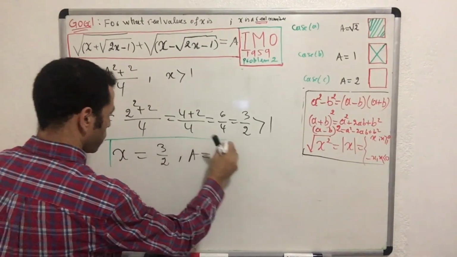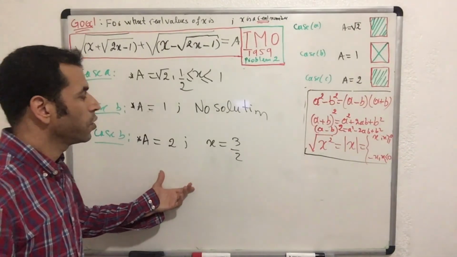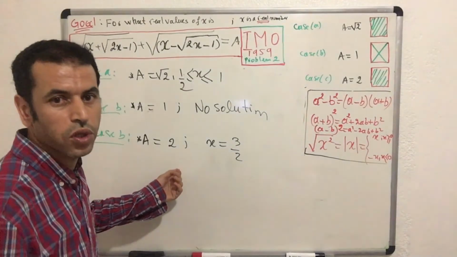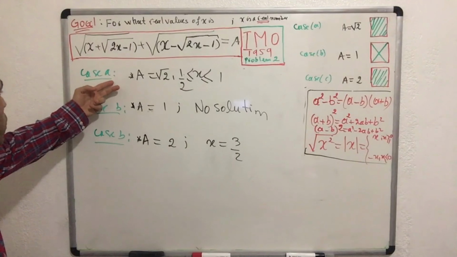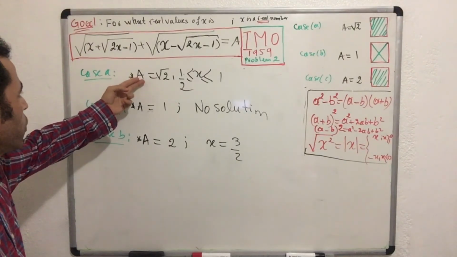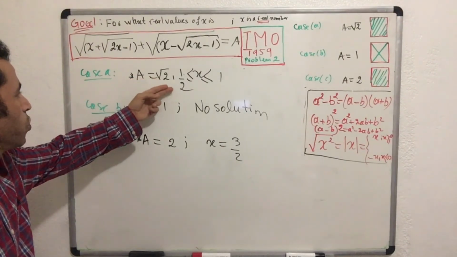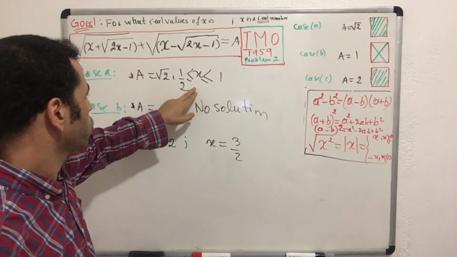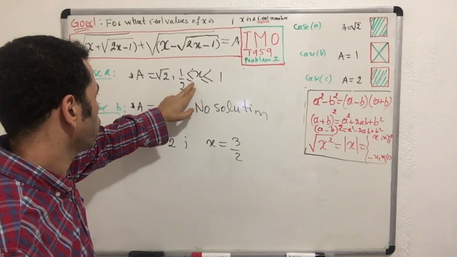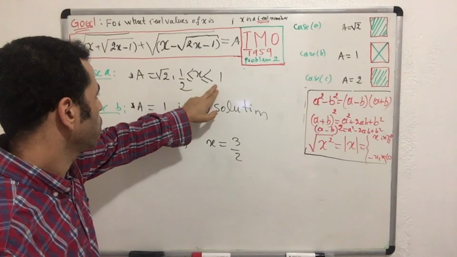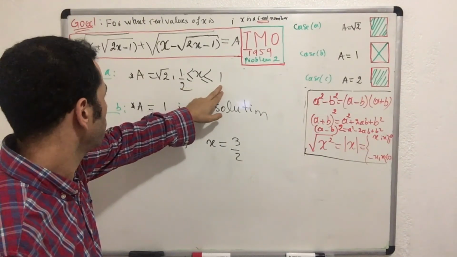So now I'm going to summarize this one. For the case a, when the capital A equals square root of 2, we have this solution. x is larger or equal 1 over 2 and inferior or equal 1.